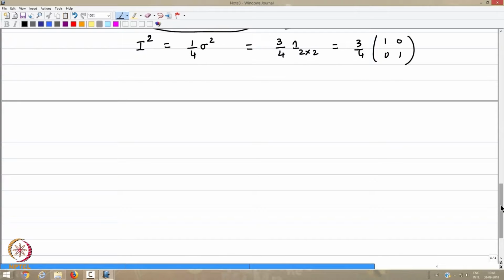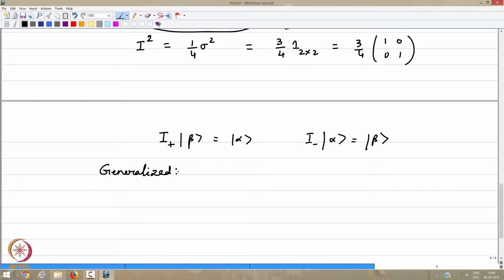Now, also recall the properties that when we wrote down I plus on beta, we had it as alpha, and I minus on alpha is equal to beta. These things can be generalized. The angular momentum properties of I plus and I minus on any spin angular momentum states can be generalized to the following relations.